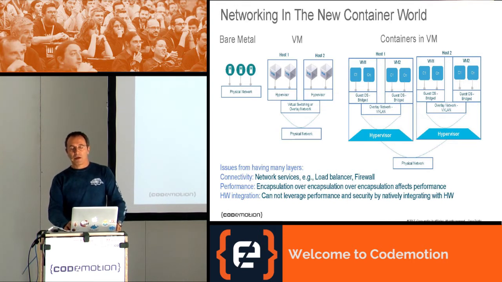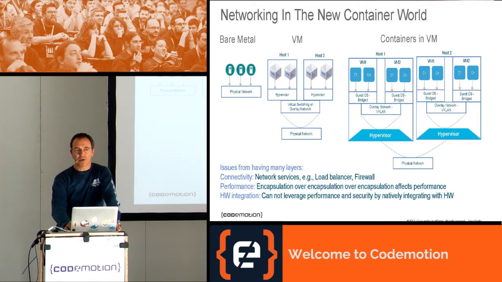So networking has evolved in the last 20 years. You probably remember that it was very easy to connect physical servers to a physical network. You just needed to attach a cable, configure the port, and it worked. With virtual machines, we introduced an overlay network. So it is a virtual network running on top of the physical one.